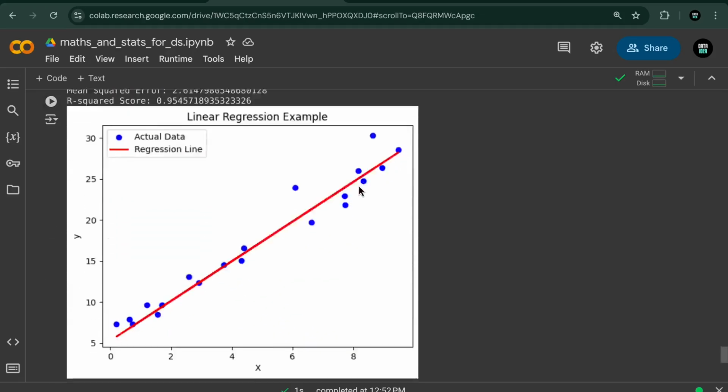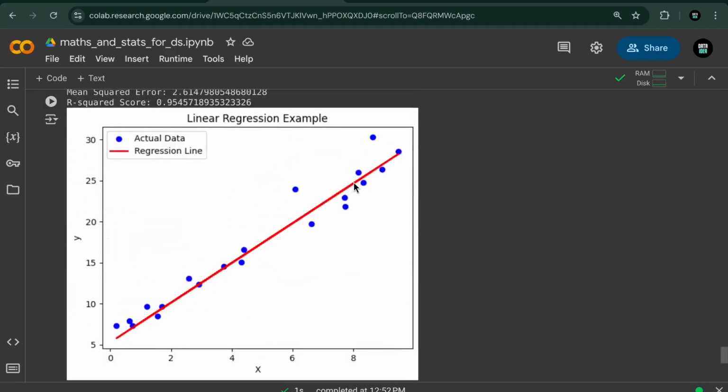What I want to show you is this illustration that comes from that code, where we have some data points of actual values, y and x, and this simple red line is what we call a regression line. It shows that for this context, as x increases, y increases.